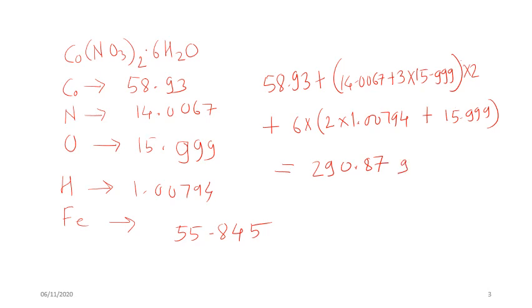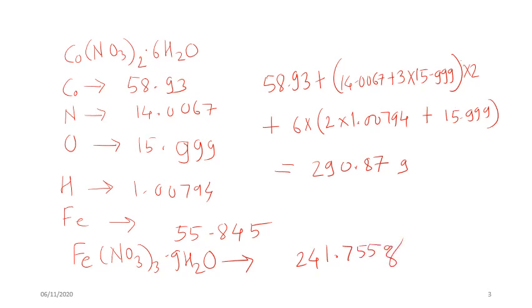Similarly for the ferric nitrate Fe(NO3)3·9H2O, the molecular weight is 241.755 grams, and the molecular weight of C6H8O7, that is citric acid, is 192.06 gram. Once we have calculated the molecular weights, our work is very simple.